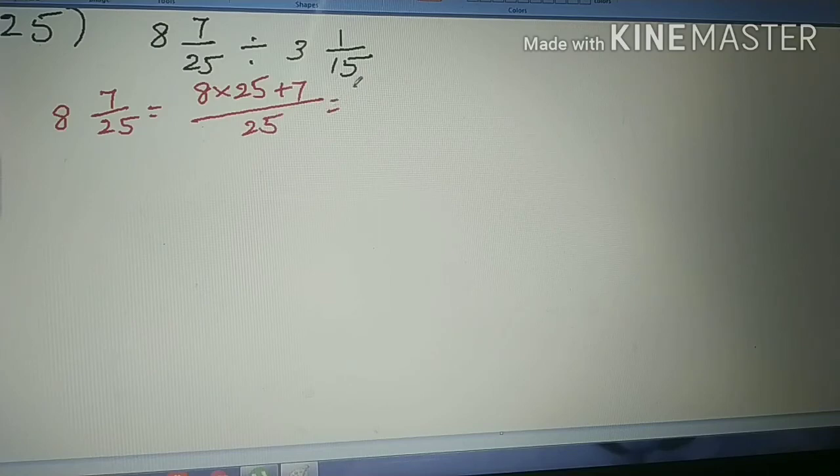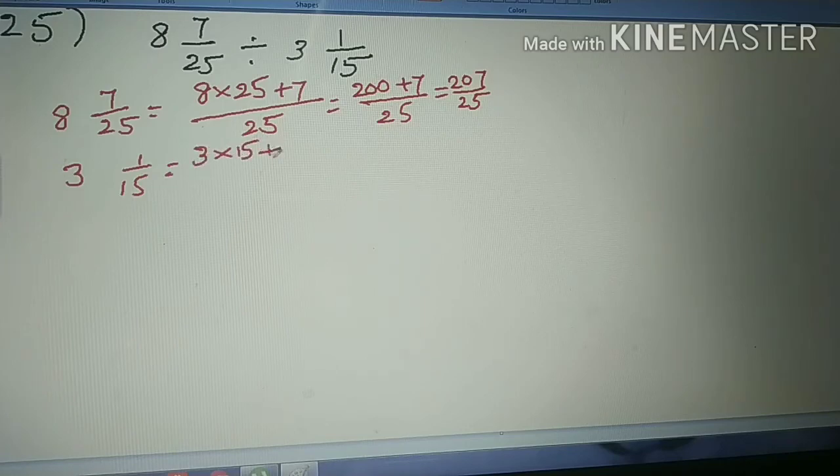What you get here? 200 plus 7, that is 207 by 25. After that, the next fraction, what is that one? 3 1 by 15. So integral part 3 into 15 denominator plus 1 divided by 15. 45 plus 1 divided by 15. What you get here? 46 by 15.